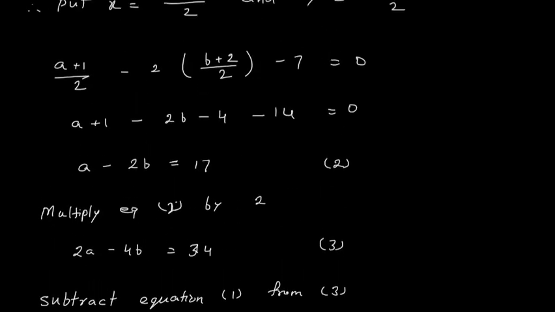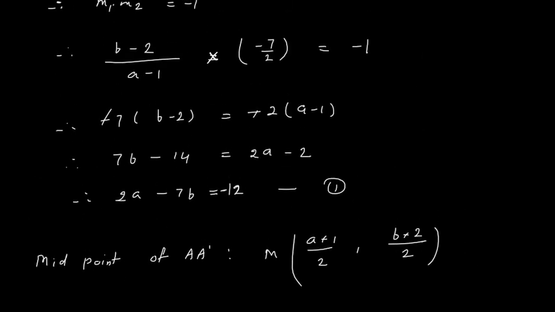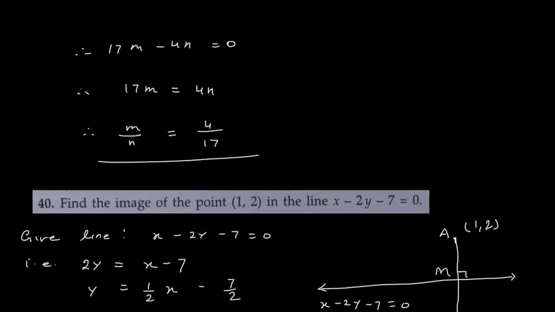Okay, so this is our problem number 14. Now this is a little tough problem. Have you understood this concept? This is the concept altogether, that we have given a point, we have given a line, and we have to find the mirror of the point in the given line. So how to find the mirror?